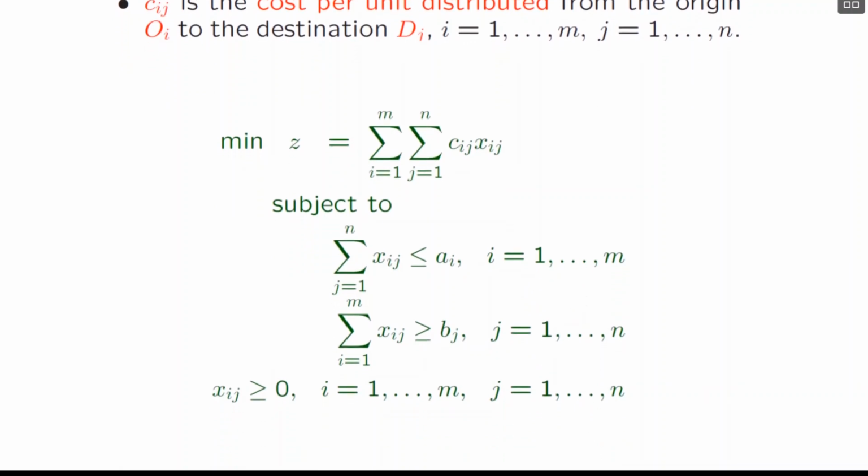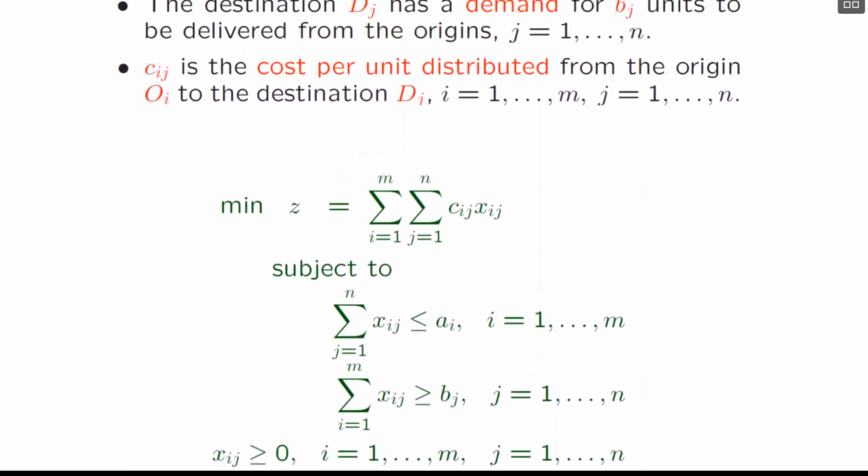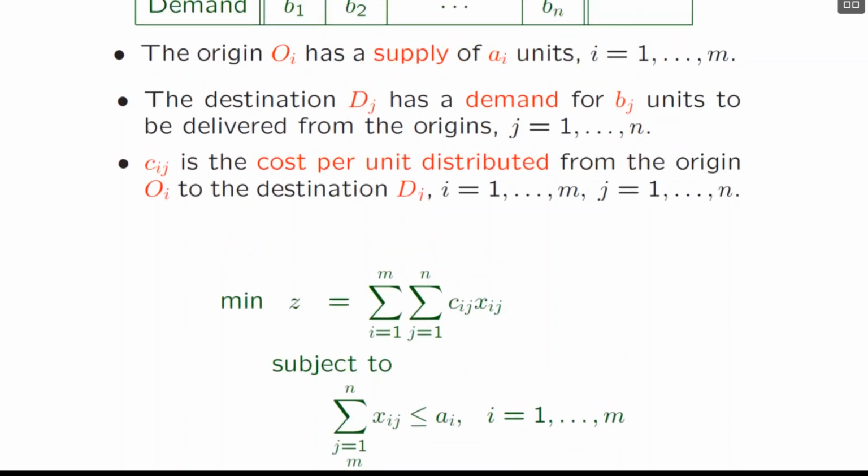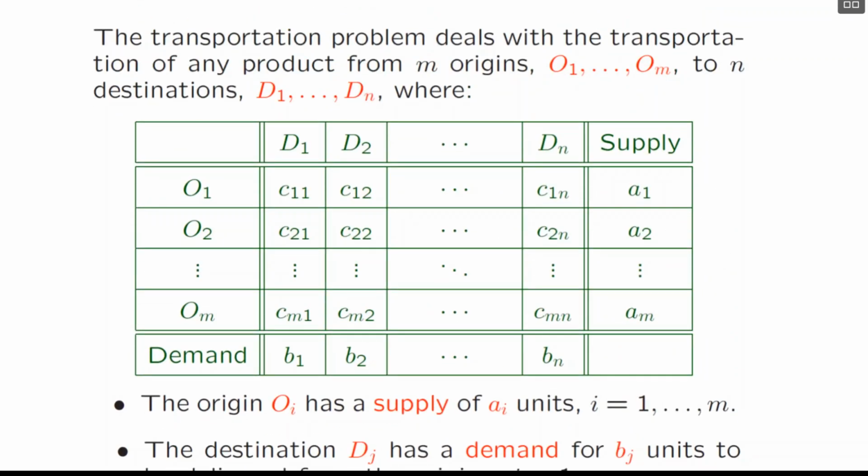As I already told you, Cij is the cost per unit of item to be transported from origin i to destination j, as shown in the table.